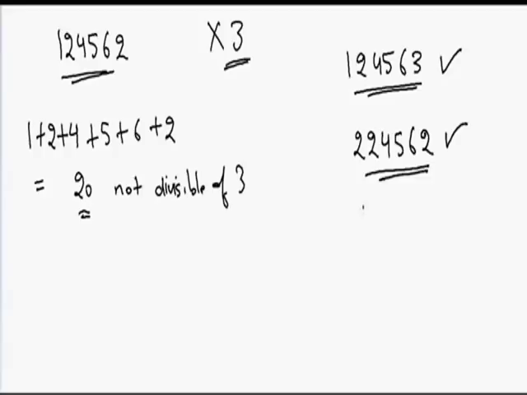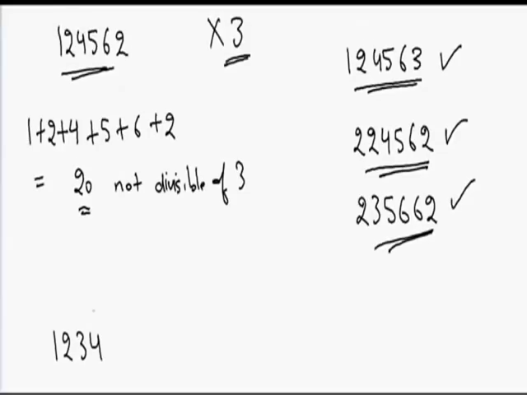Or we can increase 1 in each of these and say 235662. This should also be divisible by 3. So what I'm doing is making a modification by changing the number just enough so that the sum will be divisible by 3. In that case the whole number should be divisible by 3. So that's how this trick works.